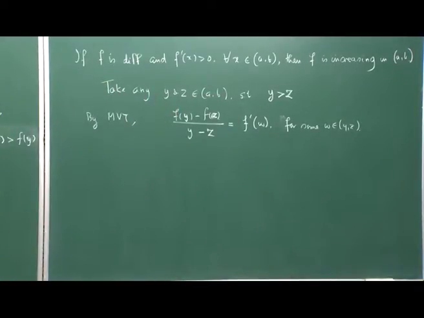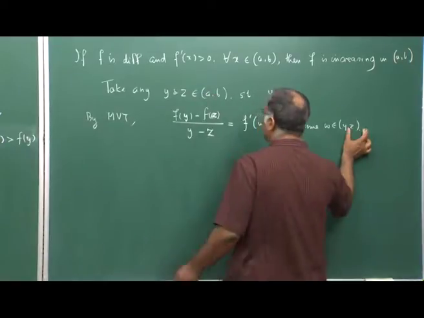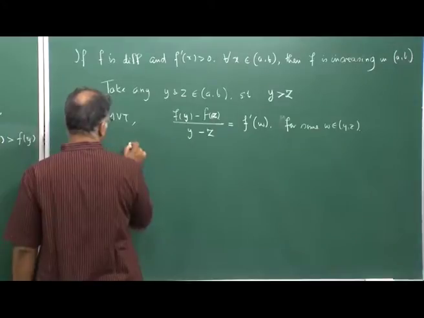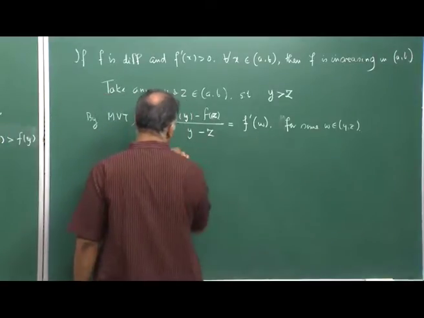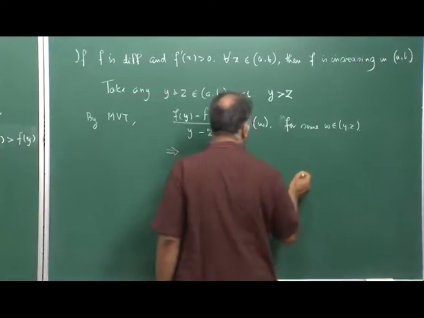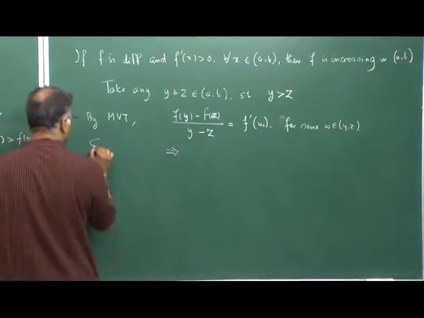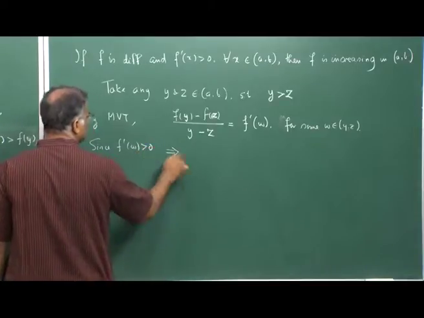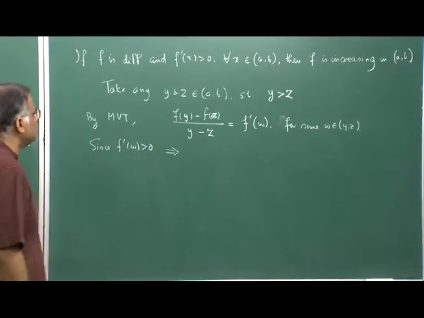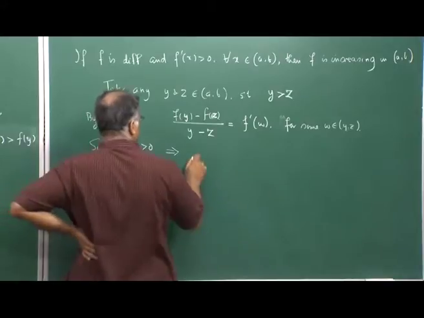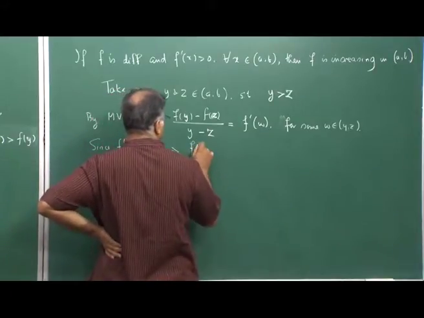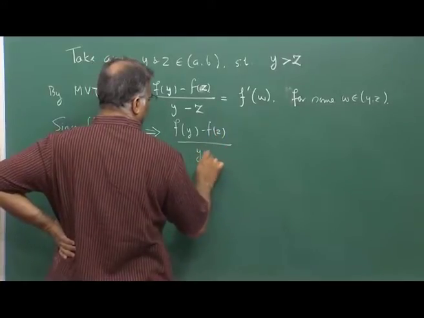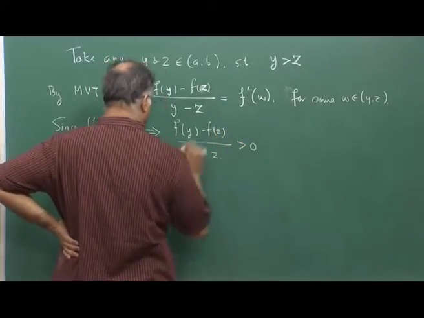But then this open interval yz is a subset of the open interval a b, as a result of which f dash w is strictly bigger than 0. Since f dash w is strictly bigger than 0, it simply implies that Fy minus Fz by y minus z is strictly bigger than 0.